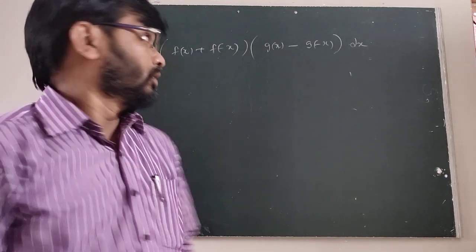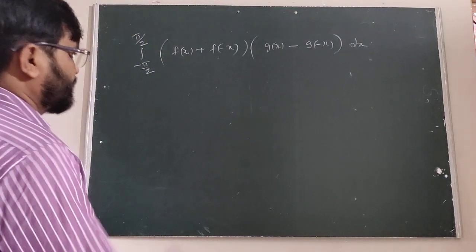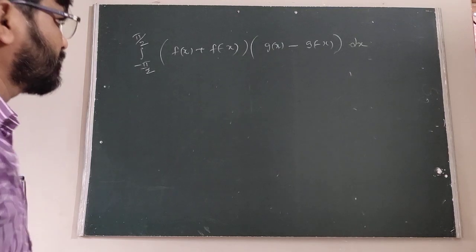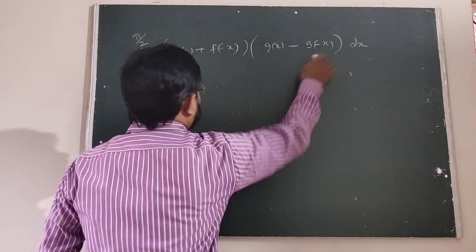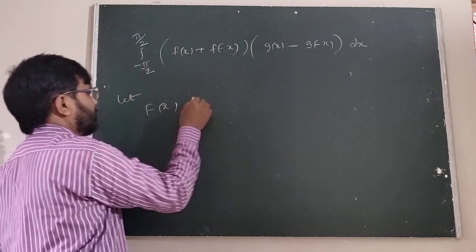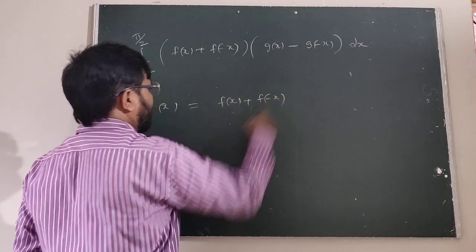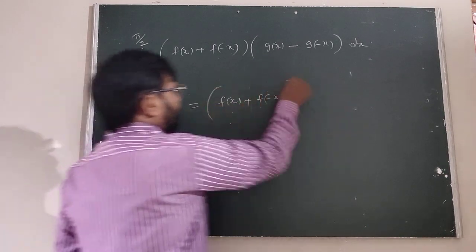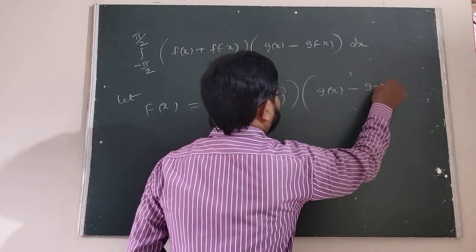Now the integral from minus pi by 2 to pi by 2 of (f of x plus f of minus x) into (g of x minus g of minus x). Therefore, when we take this integrand, we take some F of x, that will be f of x plus f of minus x. Is it clear? Then we take g of x minus g of minus x.